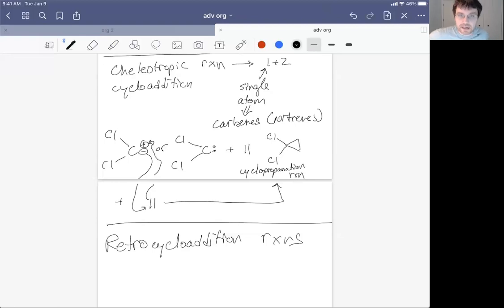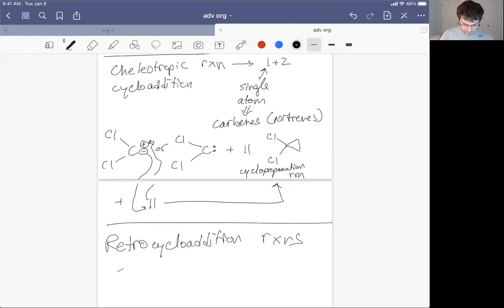We've seen in the context of electrocyclic ring opening reactions, you could say that's a retro-electrocyclization reaction, but nobody says that. Okay, I mean, that's examples of retro reactions. Here we're looking at cycloaddition reactions, which again are different from electrocyclization reactions.